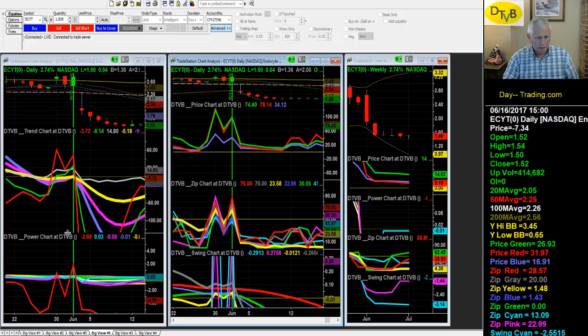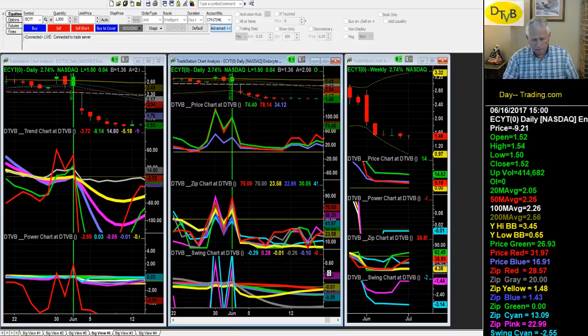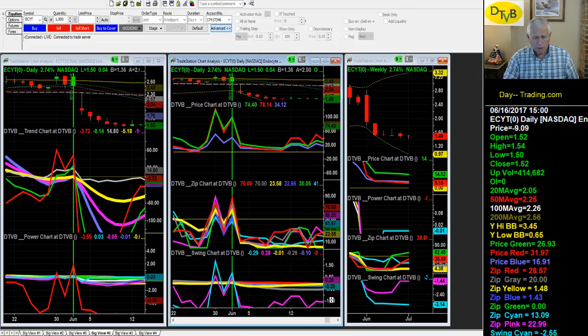In the power or trend chart and power chart, we did the divergences between the two lines, but even the swing chart has divergence between the yellow in a higher high M and Zion and pink in a lower high M peak pattern.